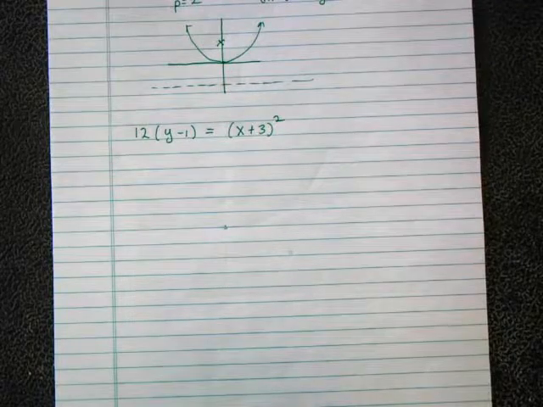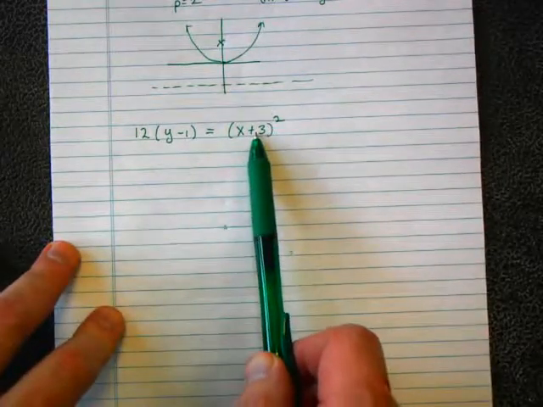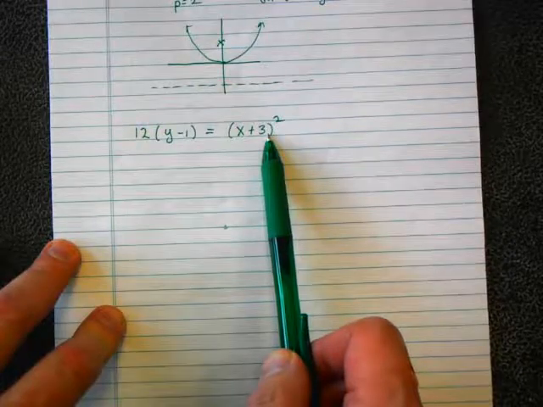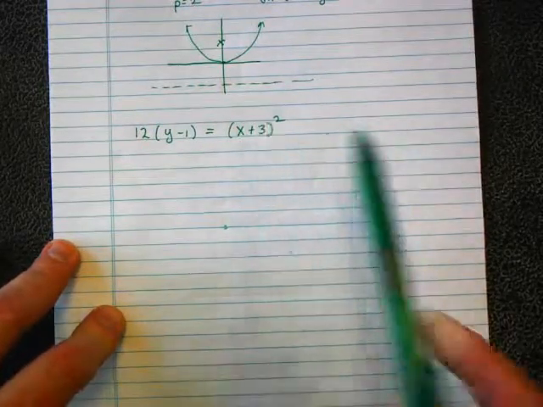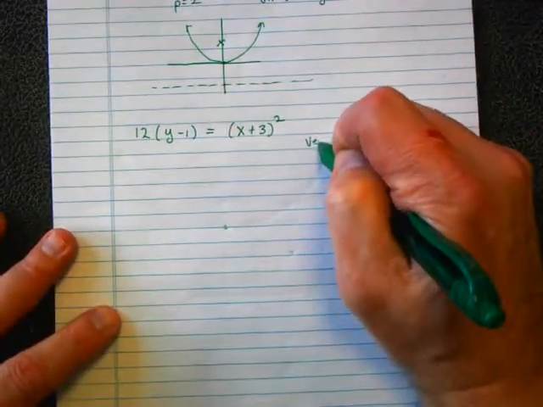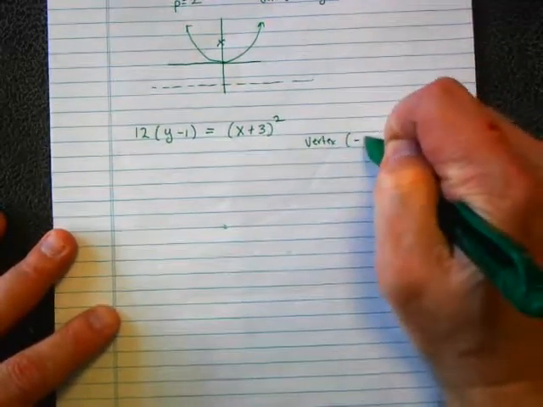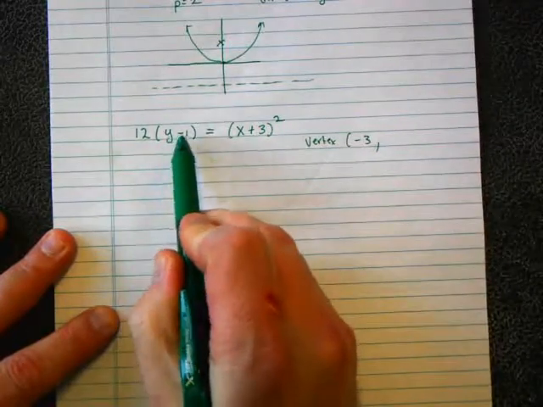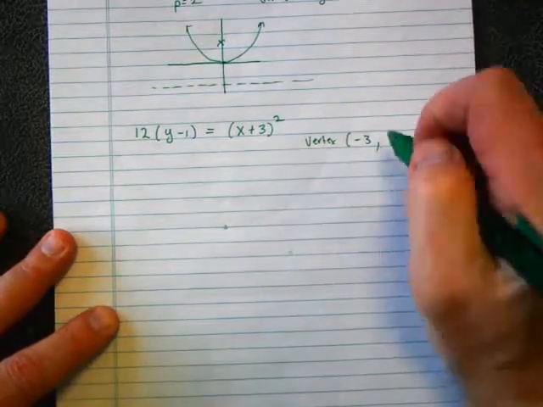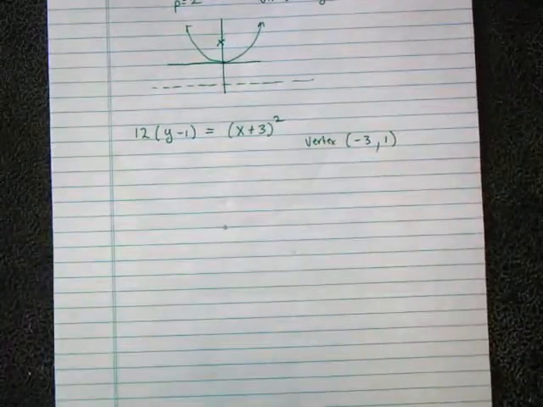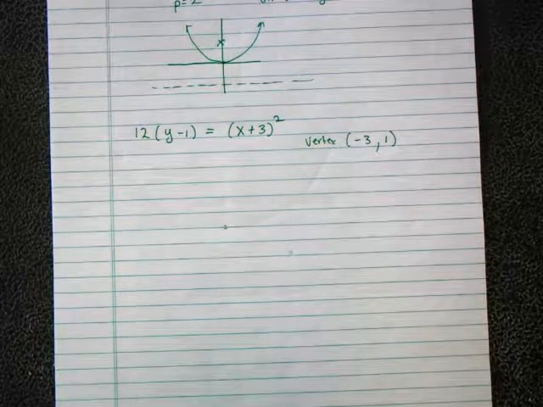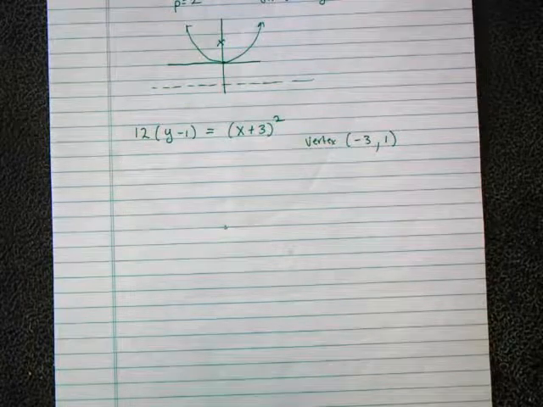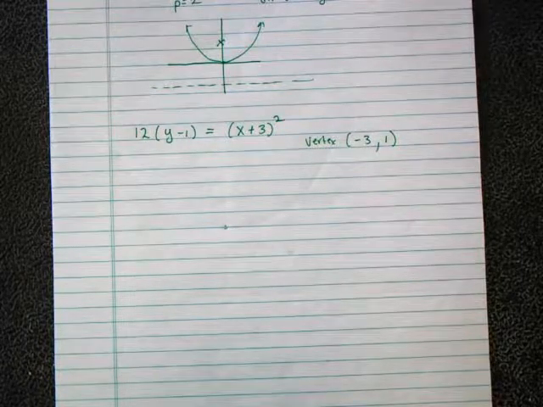So what I'm saying is, what's this x plus 3 going to do to the vertex? It's not going to be at 0 anymore. It's going to be at -3. So here our vertex would be -3, comma, what's this y minus 1 going to do? Put it at 1. So that's what it would look like to move the vertex. We don't do that in this course. We only put the vertex right at the origin. Makes our lives a little easier.